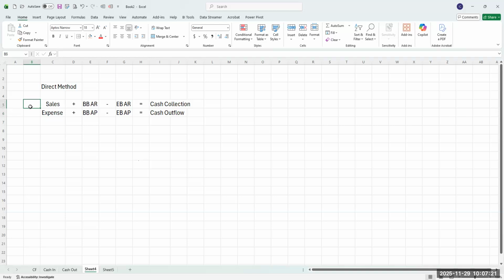This will be add, then will be less expenses, changes in accounts payable. That's going to give us the outflow. And that's how we do the direct method under the operating activities.